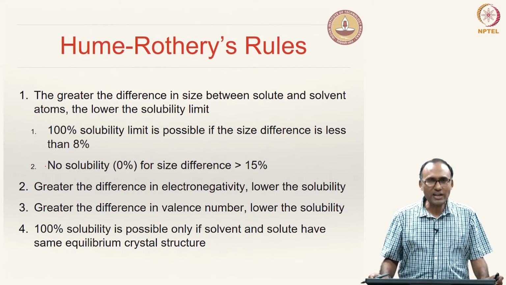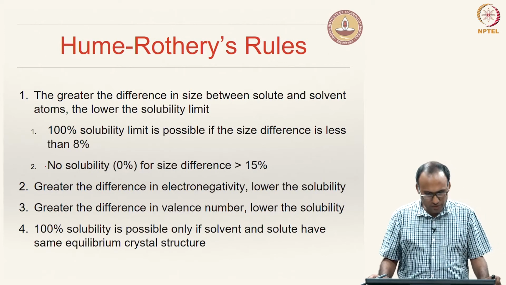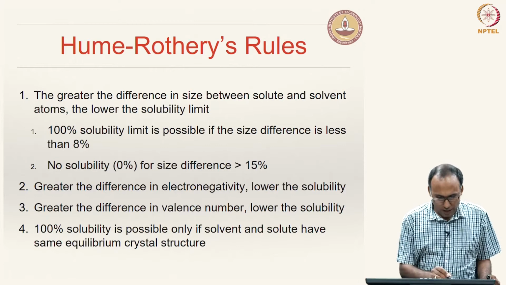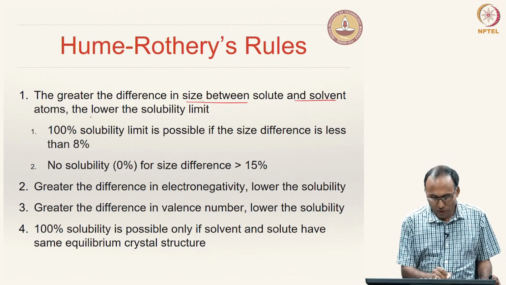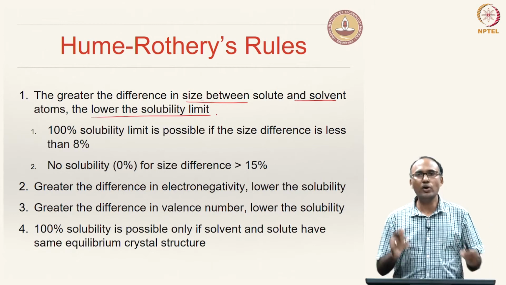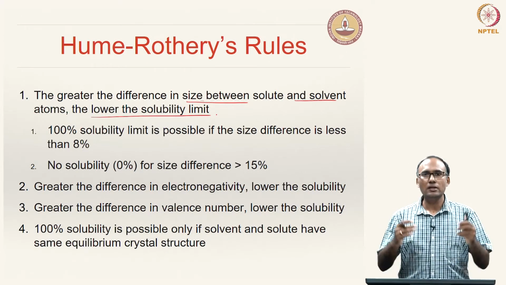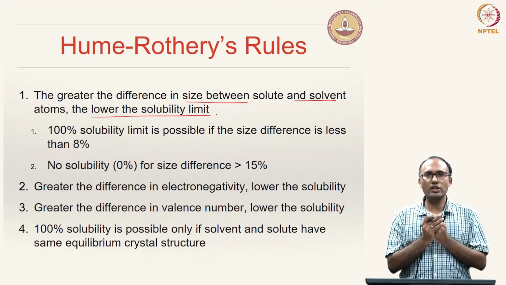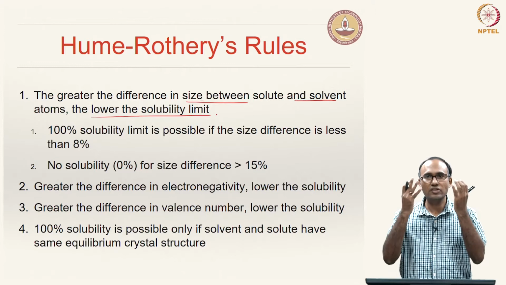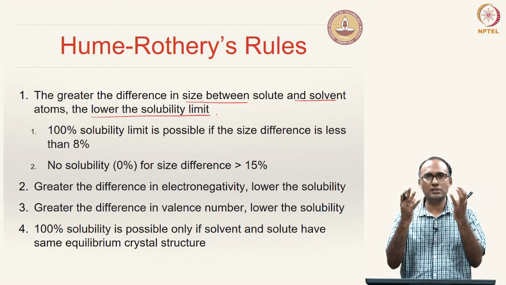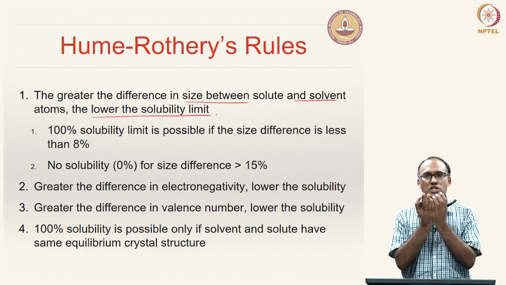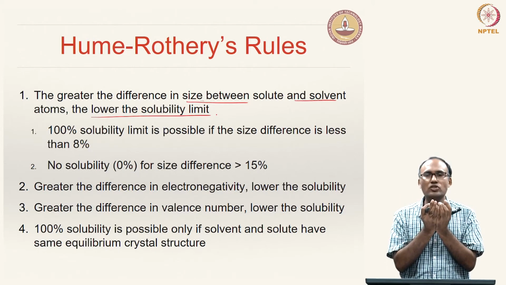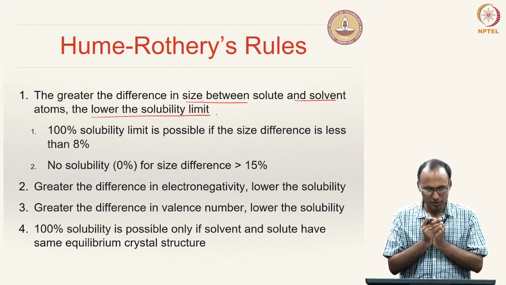Okay. So, what are the Hume-Rothery's rules? The greater the difference in size between solute and solvent atom, the lower the solubility. That means, if you are talking about binary phase diagrams and you want higher solubility, the sizes of both the component atoms, the solvent and solute atoms, should be almost similar. There should not be a huge size difference between them.